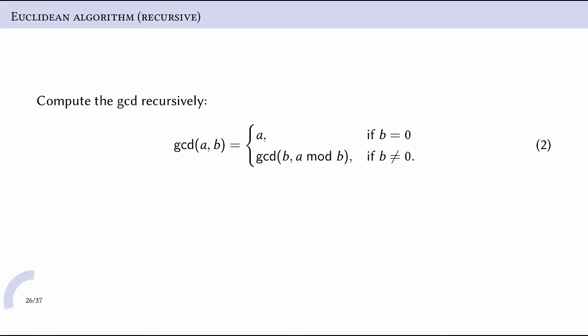This formula for the greatest common divisor can be directly implemented in the form of a recursive function. However, if we can change a recursive function into an iterative function, if we can solve the recursive formula, it is usually better.